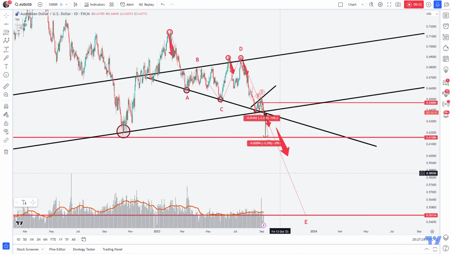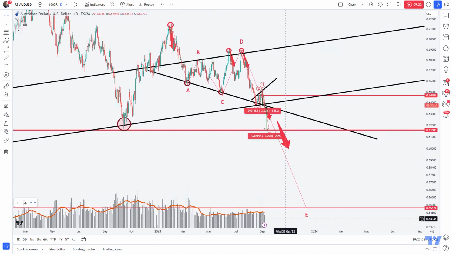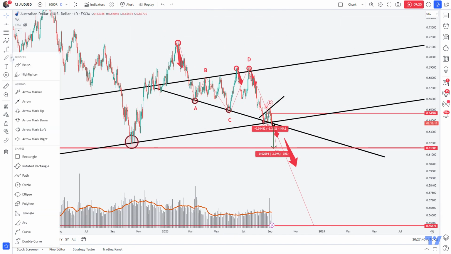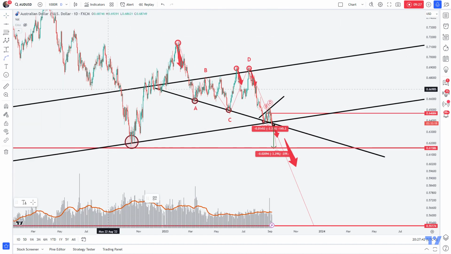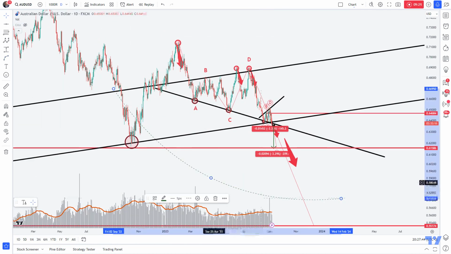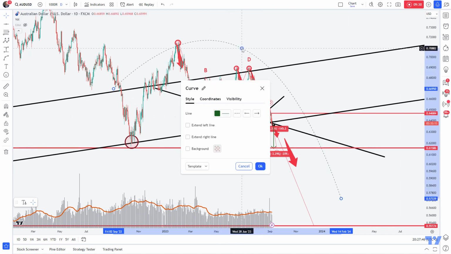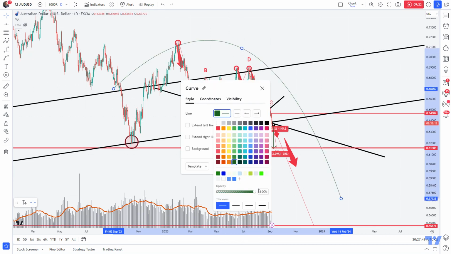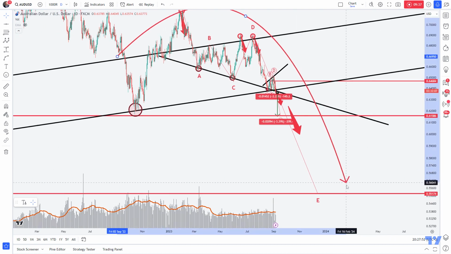And this increases the likelihood for this whole structure to continue with a bearish inclination to the downside, especially when considering this huge bearish price action dynamic cycle.